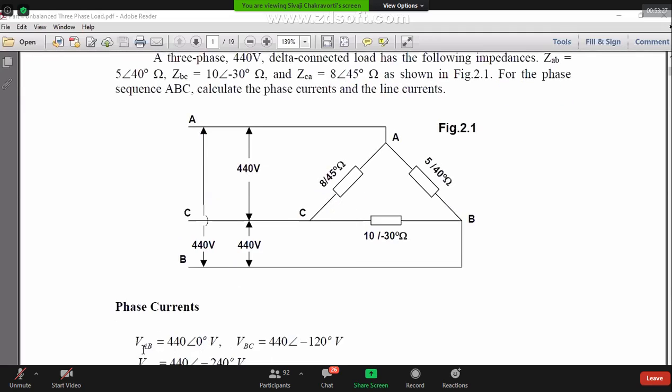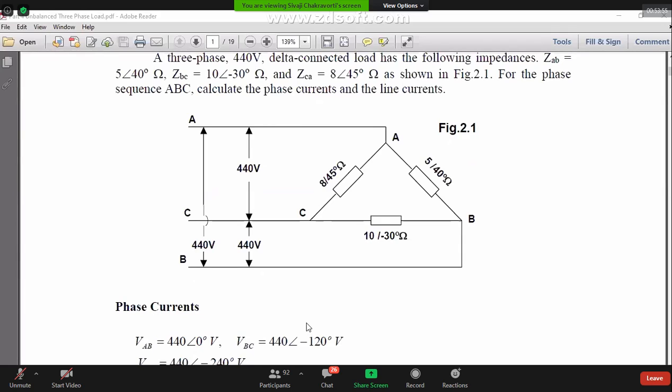Don't bother about the figure number because this is taken from another note, so the figure number is different. Now, this is the delta load as given in the problem. And it is stated it's a three-phase 440 volt system. Again, I have told you that unless otherwise specified, this 440 volt will be the line voltage. I have told you that the source is balanced.